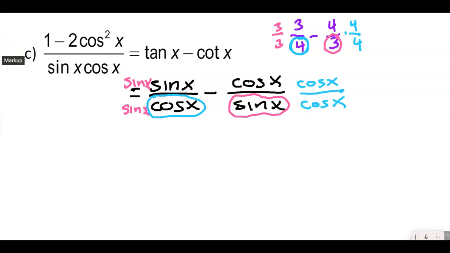We can do a little simplifying. What is sine of x times sine of x? Sine squared of x. And what is cosine times cosine?